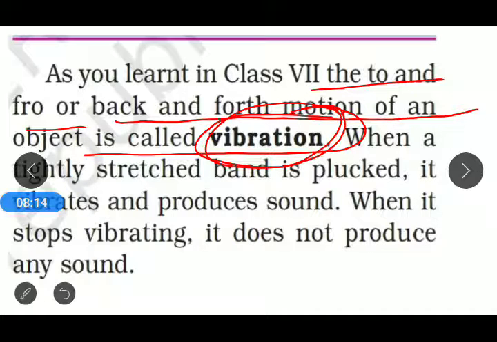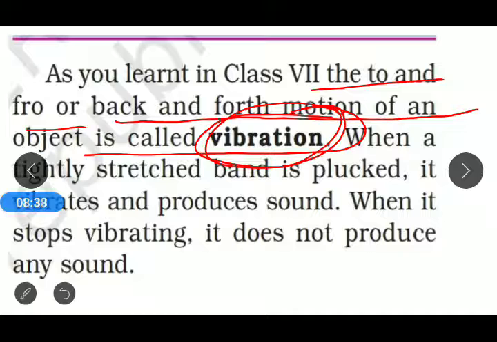In both cases, either a pan struck with a stick or a rubber band stretched on a geometry box, sound and vibrations are produced, and when we try to stop the vibrations, no sound is produced.